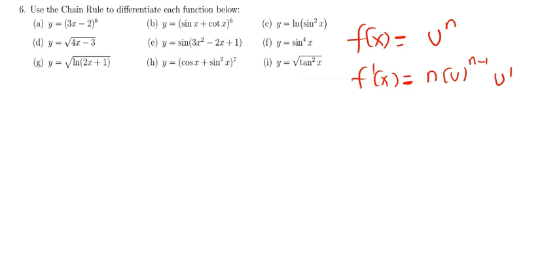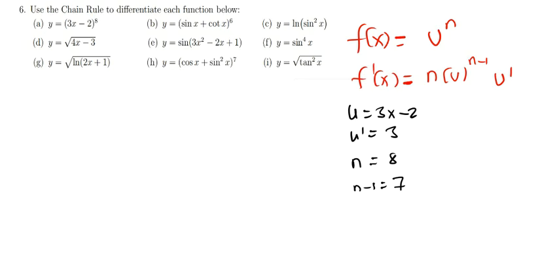So for example, the first question, I want to find dy dx. Let u be equal to 3x minus 2. Then my u prime will be equal to 3. What is my n? My n is 8. What of n minus 1? n minus 1 is 8 minus 1, which is 7.